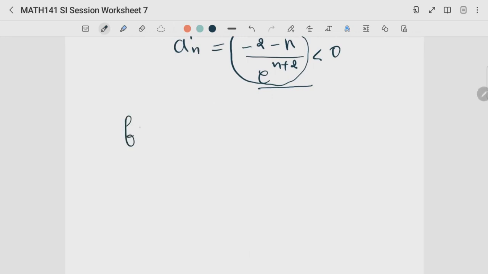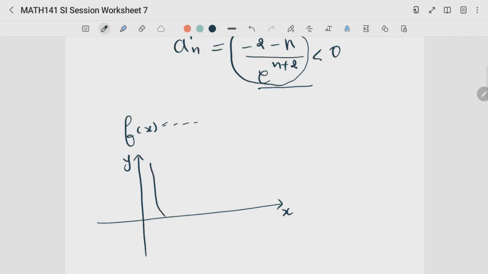Let's say we have some arbitrary function f(x), and let's say we drew it and represented it on the x and y axis, right? The function f(x) is strictly decreasing if you have something like that.